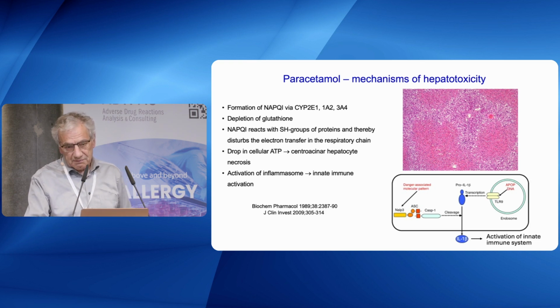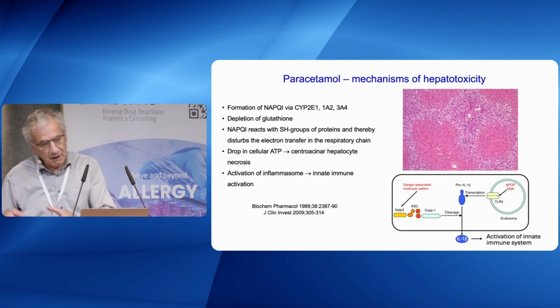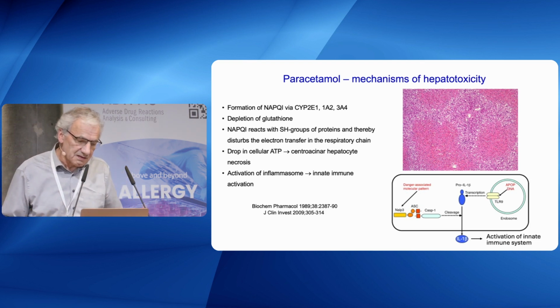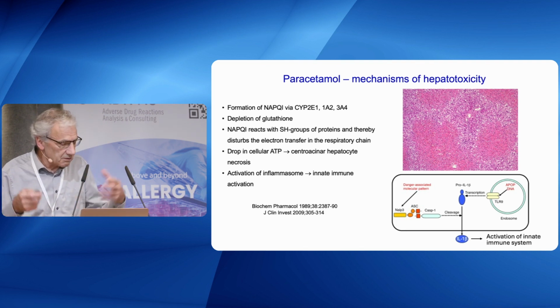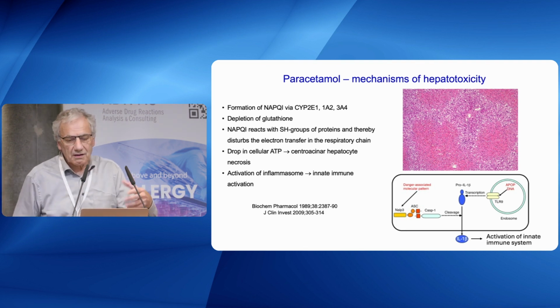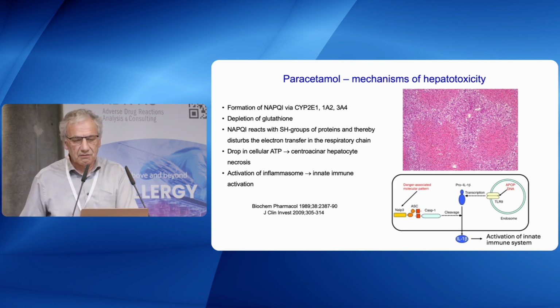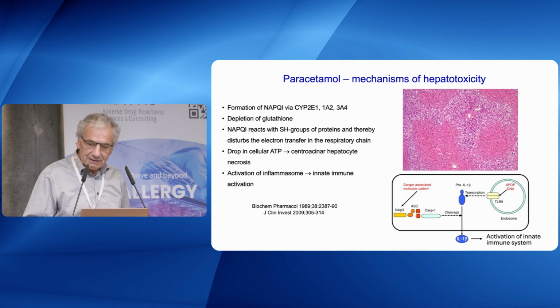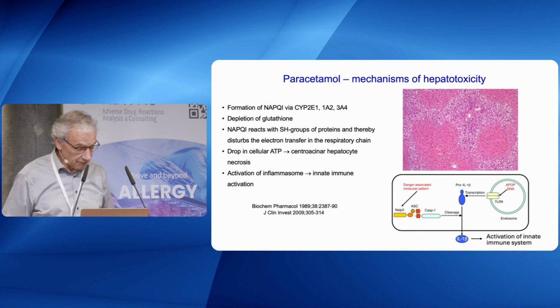This patient has probably a little bit of too much fat in the hepatocytes. Maybe it's an alcoholic, and alcohol induces CYP2E1. So this patient had also a risk factor beside of probably ingesting too much paracetamol. And just to make a bridge to the immunologists, when the patient survives, this necrosis has to be taken away.